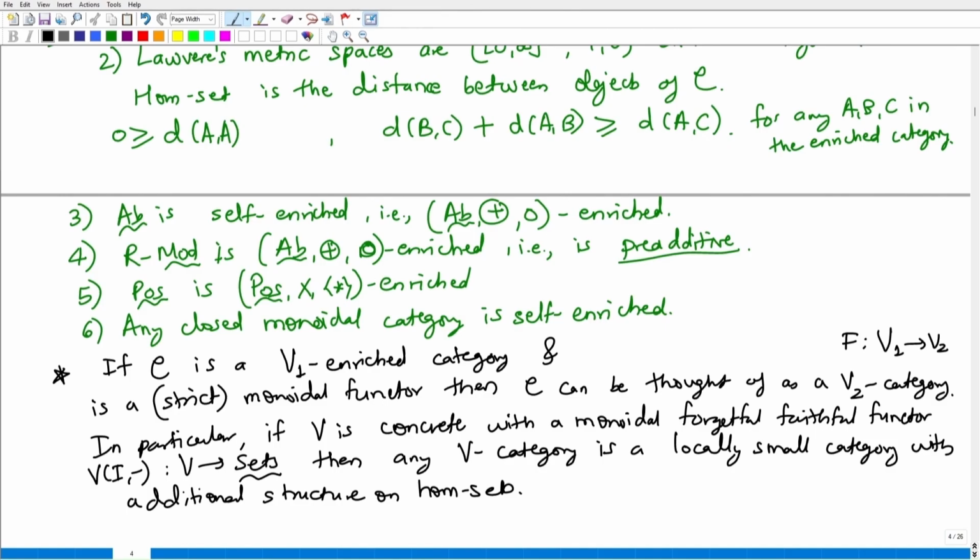So this fact is really important. Yeah, we are going to use it in the case of pre-additive categories. That we are given an Ab-enriched category, a pre-additive category, and then the hom sets have got an abelian group structure and composition is bilinear. That composition is bilinear is important. Yeah, its hom set is a set with additional structures which behaves nicely with respect to composition.